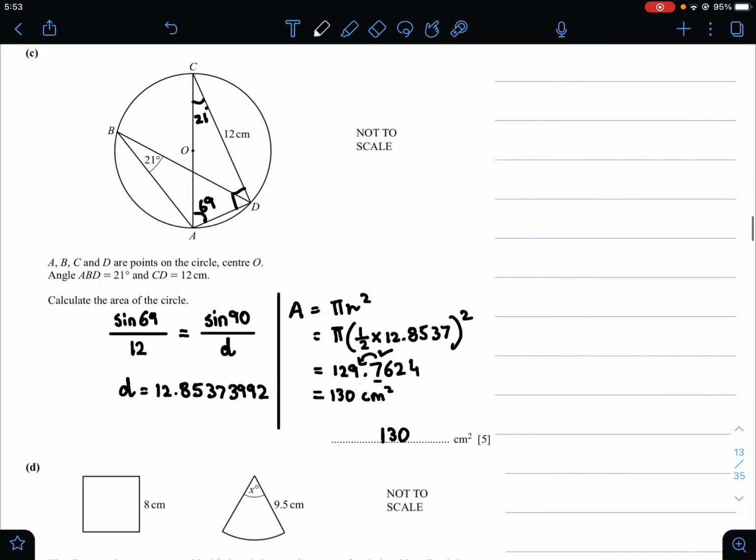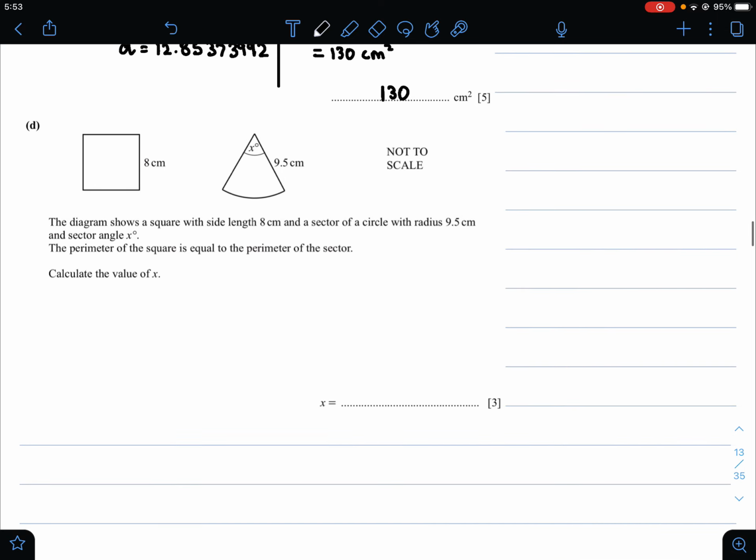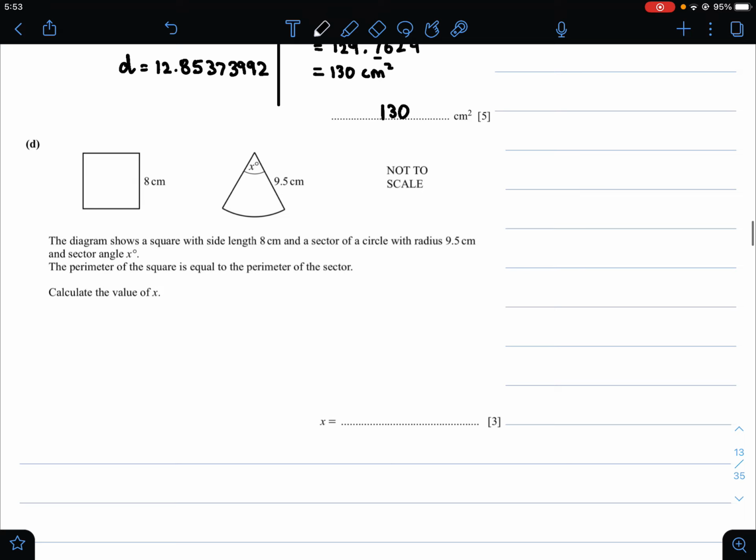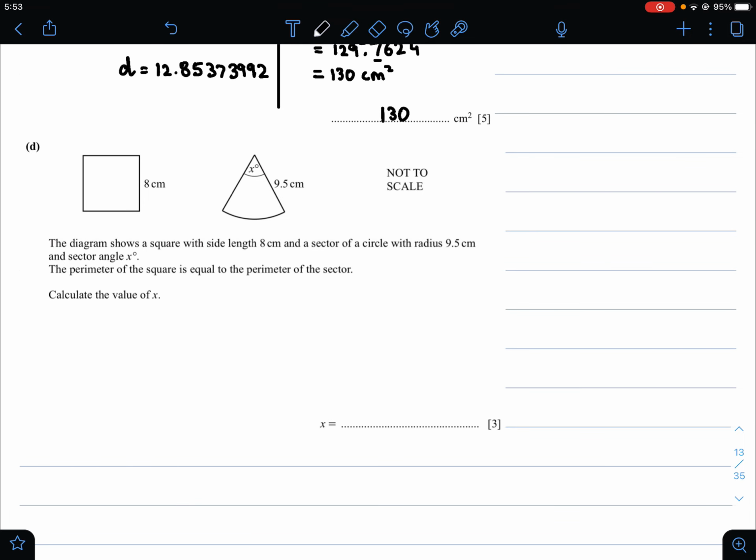Now let's go to part D, where they are asking us to calculate the value of x. Now they've told us that the perimeter of both the shapes that they have shown are equal. So the perimeter of a square would be 4 times the side of the square because all the sides are the same. So 4 multiplied by 8 is equal to the perimeter of the sector.